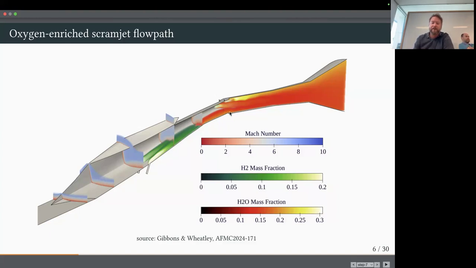So we can see contours of Mach number. We can see where hydrogen's being injected here, and where we're going to red, H2O mass fraction is going to indicate burning has occurred, because we've produced water.